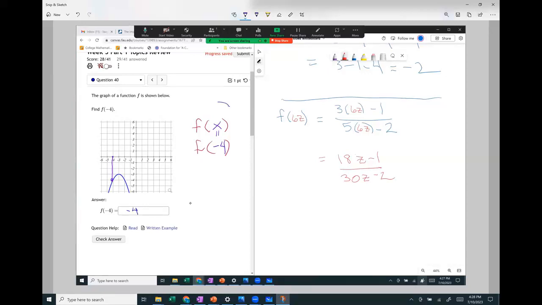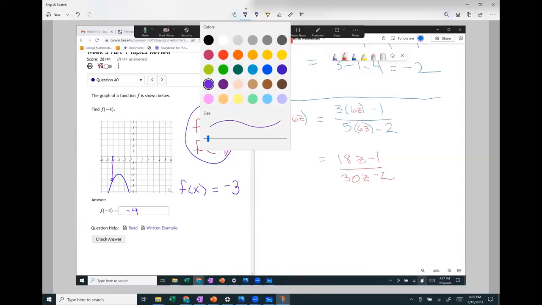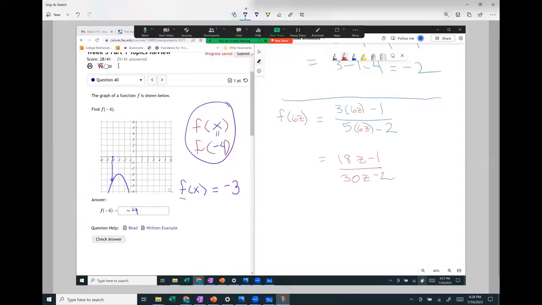There's another way they can say that. They can say f of x equals -3. Well, now what I'm saying is that y equals -3. This is the same as y. So if y equals -3, I'm here.